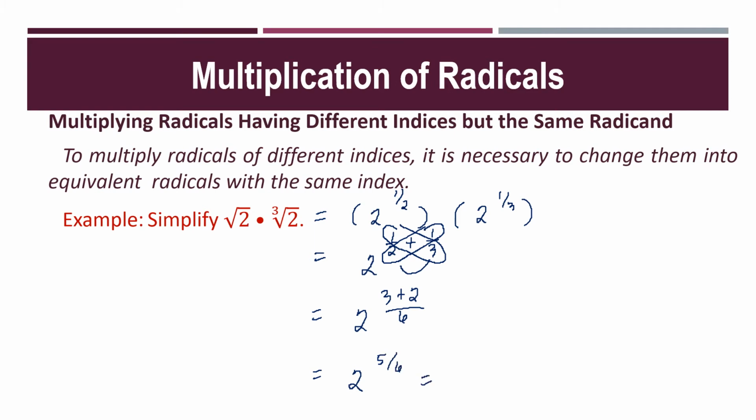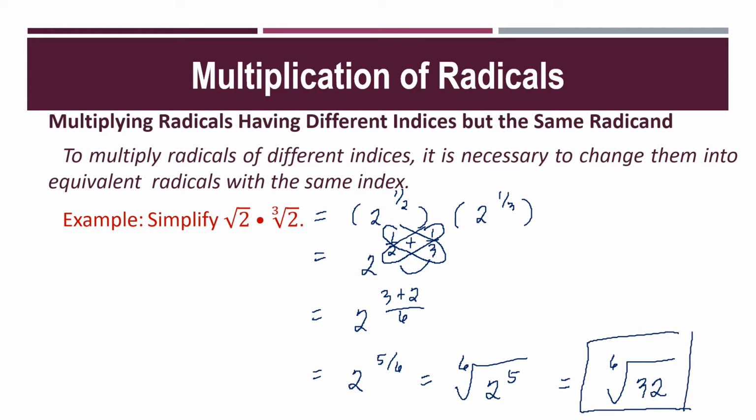After that, we write the given expression in radical form. So 2 raised to 5 over 6 is the 6th root of 2 raised to the 5th power, and 2 raised to the 5th power is equal to 32. Therefore, the product of square root of 2 and cube root of 2 is the 6th root of 32.